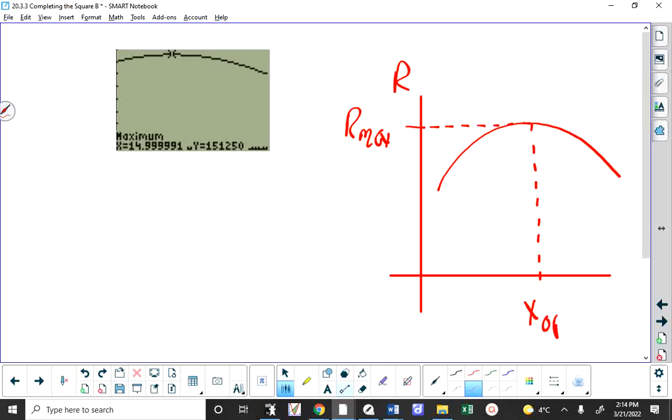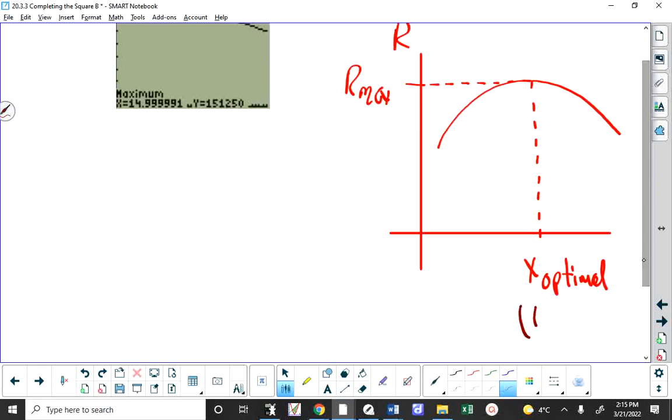This is what I'm going to start calling optimal. Optimal is ideal. This is your ideal value for X. As a person who wants to make money, that's X. So we can see that that is at 15. The optimal X is $15 or 15. The maximum revenue is $151,250.